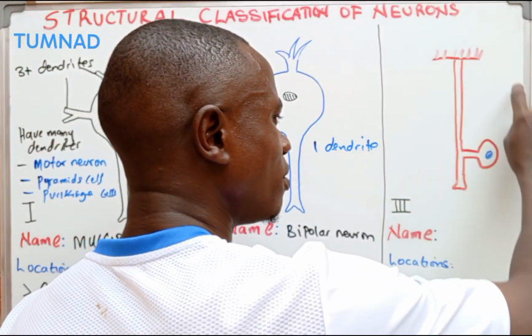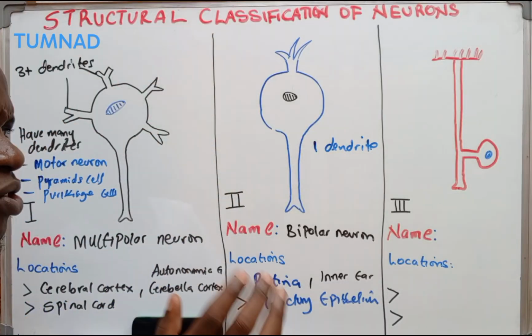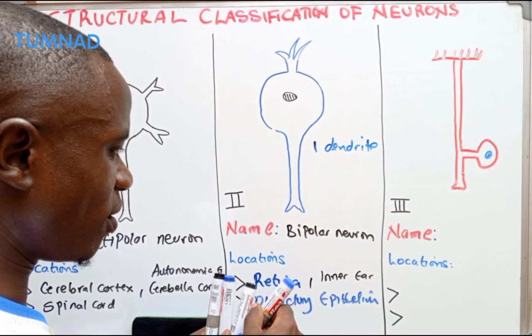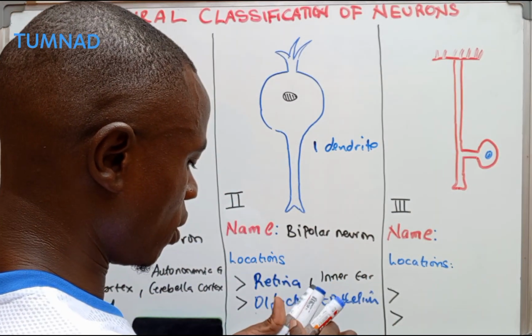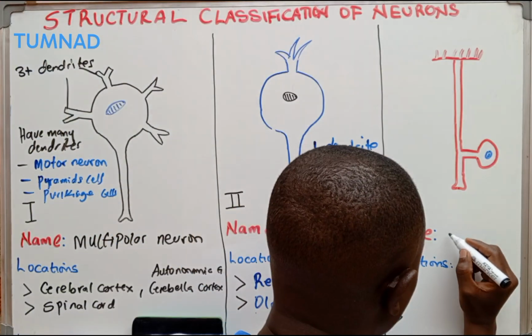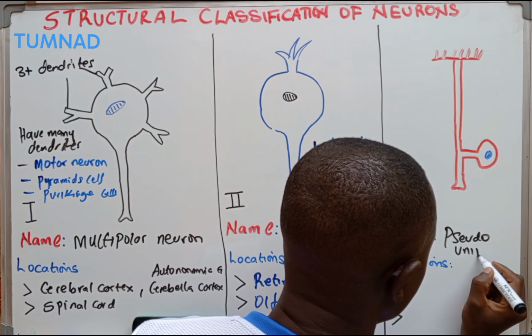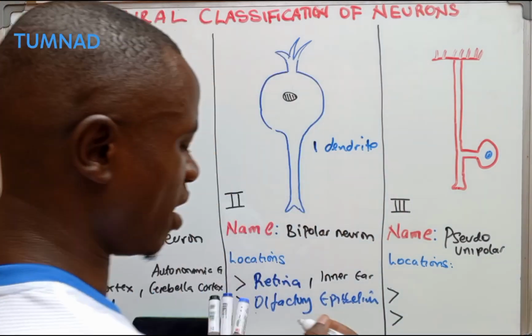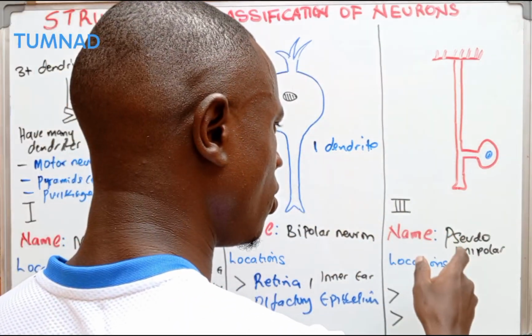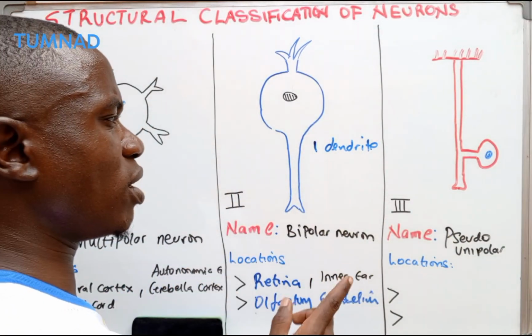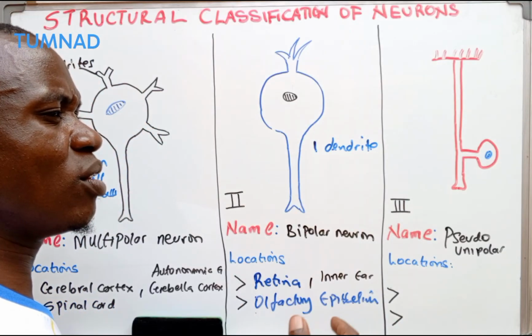This kind of neuron is very unique in its structure. Now this kind of neuron is what we call a pseudounipolar neuron.